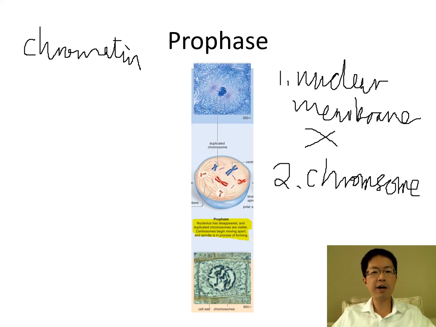Chromatin is a thread-like structure. So it is DNA wrapped around. We talked about chromatin before. When DNA wraps around those histone complexes, then you form the chromatin. When chromatin condenses, it becomes chromosome.